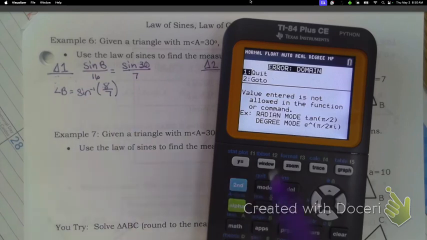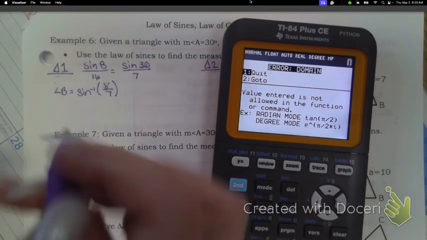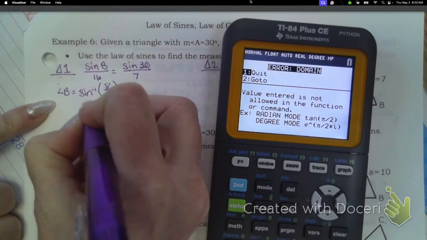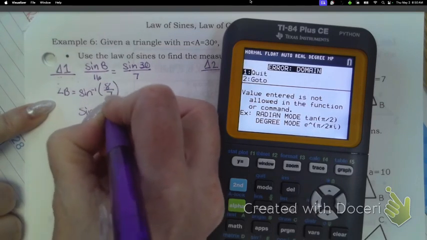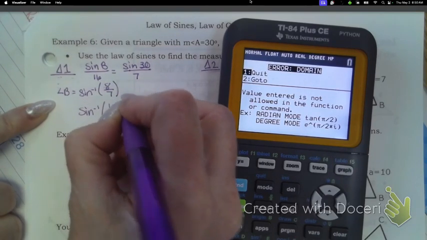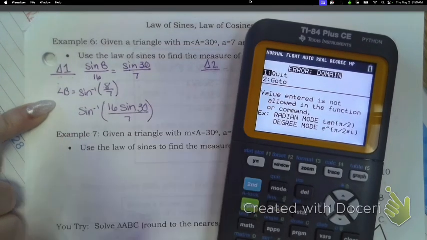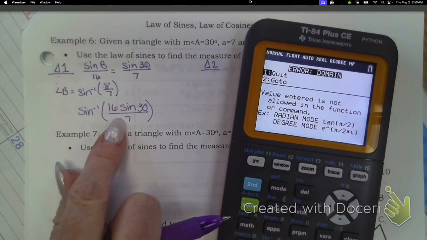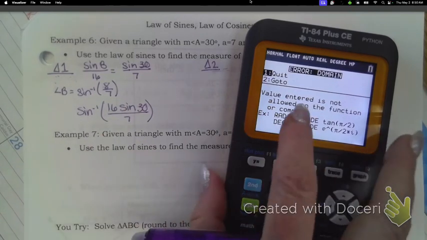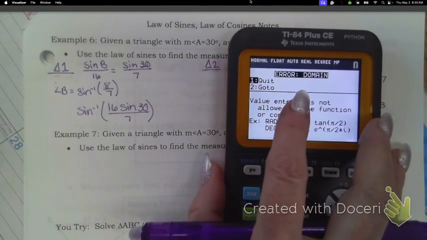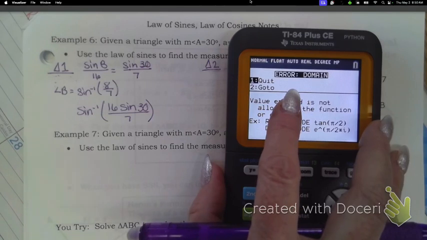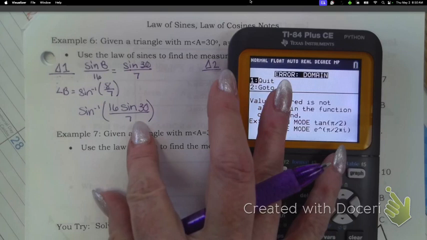So if you put inverse sine of 16 sine of 30 over 7 in your calculator, are you going to see that this is over 1? No. So if you get this message, it could be that you put things in the calculator incorrectly. But it also could be it doesn't work.